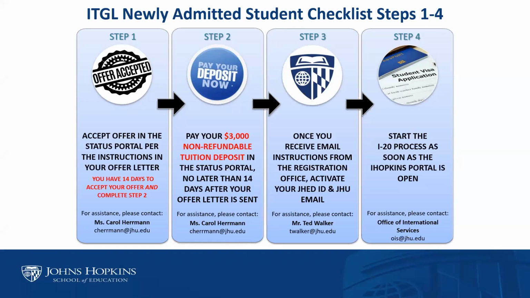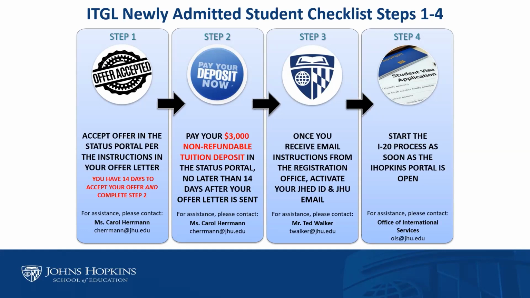We ask once you accept your offer that you go ahead and activate your JET ID, set up your JHU email. That's really important to begin using JHU email if you are an accepted student, if you have accepted the offer of admission. Students will receive notice from the university's Office of International Services once it's possible to begin the I-20 process.